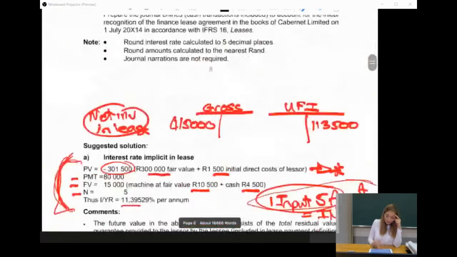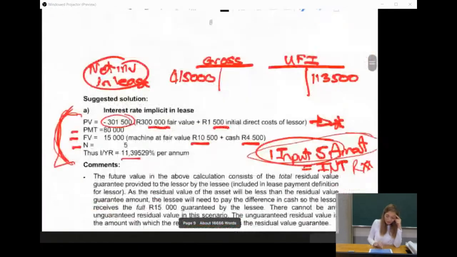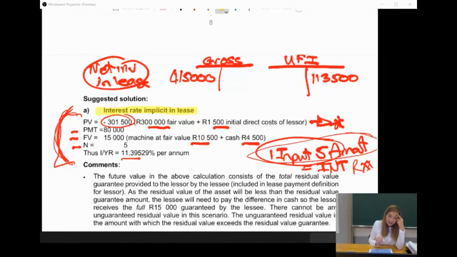So if there was now a deposit that was paid, then if you think about your interest rate implicit in the lease, the amount that the lessee is paying on day one is actually going to decrease the present value here. So it's going to decrease the value of everything that the lessor is giving up on day one.